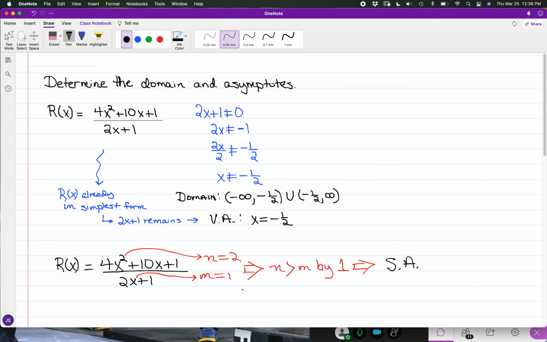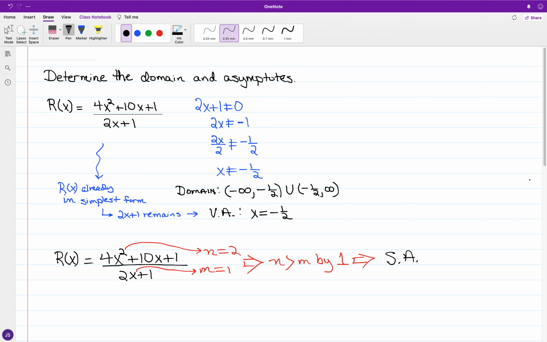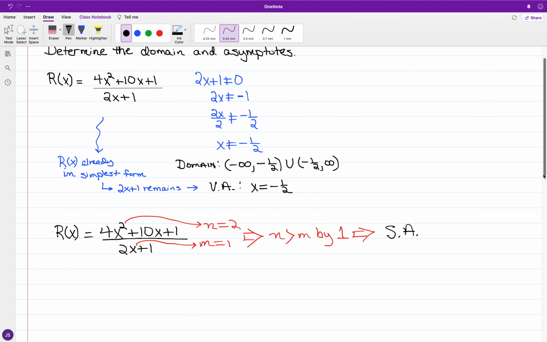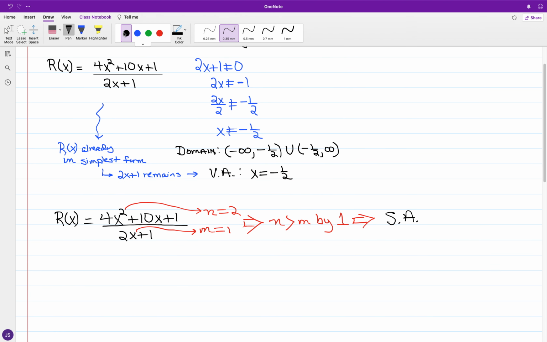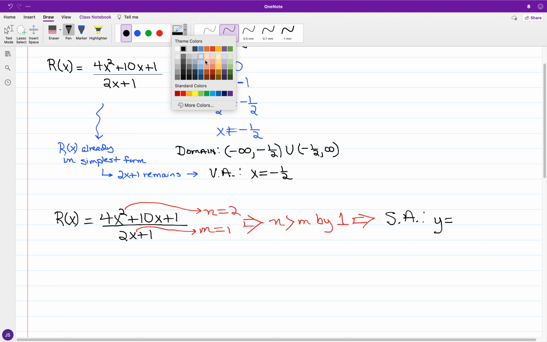Okay, so in the case of a slant asymptote, now we have the divisor at 2x plus 1, and I'll give you just a setup here. So you have your slant asymptote, y is equal to, and one way you can set this up is with long division.